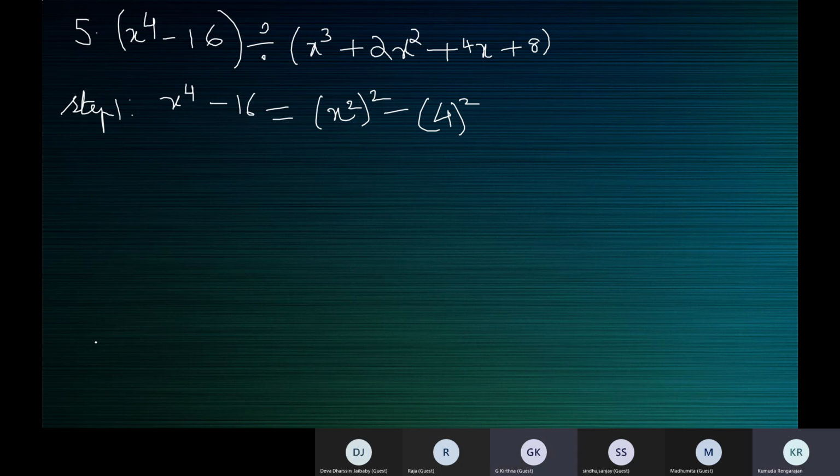What is a square minus b square? Kirtana, please complete the identity. Ma'am, can I say the answer, ma'am? A square minus b square is equal to a plus b into a minus b, right? Yes, ma'am.